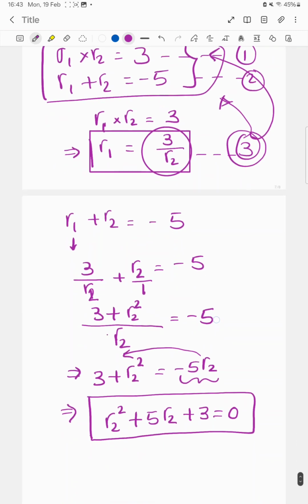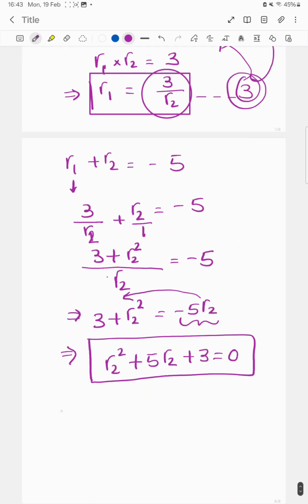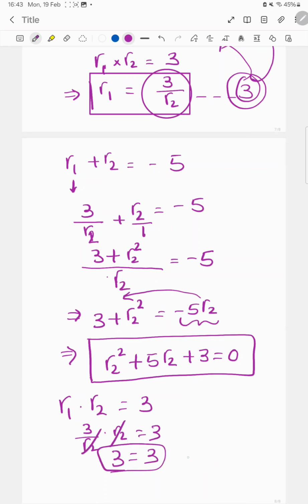Equation 1: r1 times r2 is equal to 3. r1 is 3 divided by r2. So 3 divided by r2 times r2 is equal to 3. This cancels out, and 3 is equal to 3. We are not getting anything here. We are only getting a true statement.